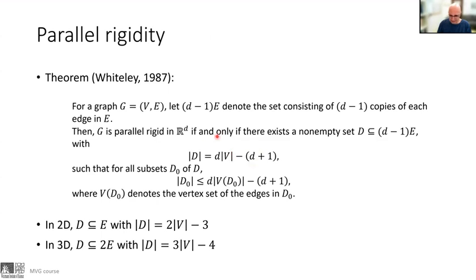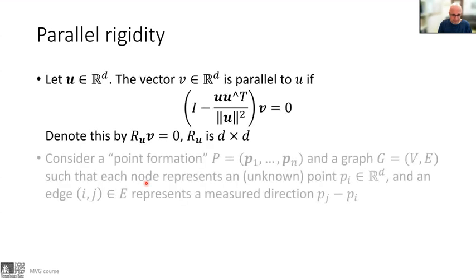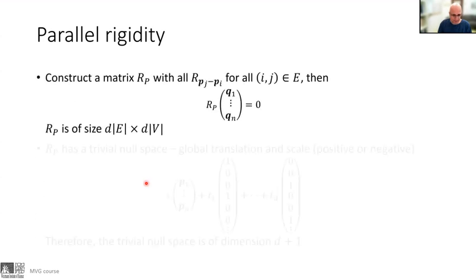We said that we have a non-empty set that satisfies this part, and all subsets will satisfy this condition. You need that because you want it to be generically true for any point formation that corresponds to this graph. Okay, let's see some examples.